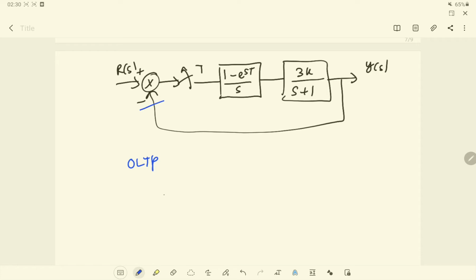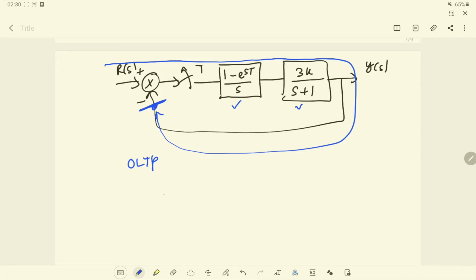We cut the wire just before the negative sign, starting from R(s) to this point. So the open loop includes these two functions.